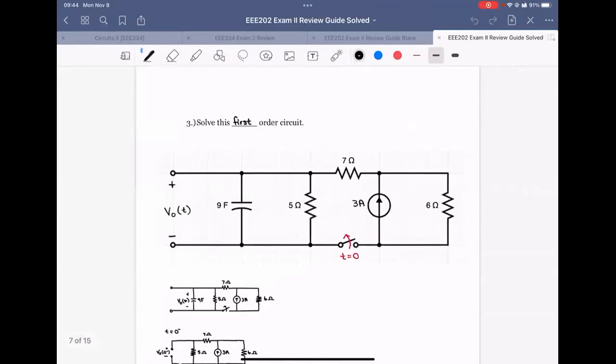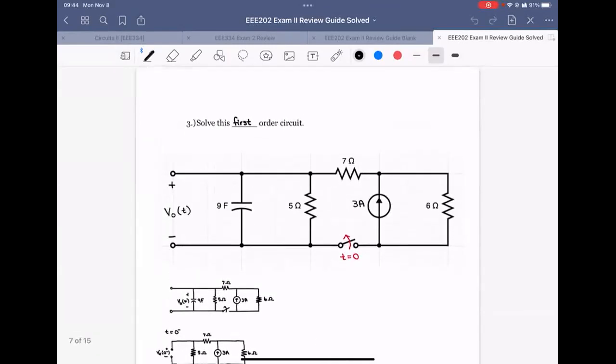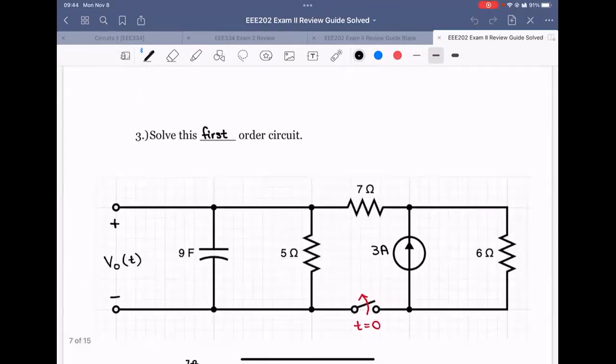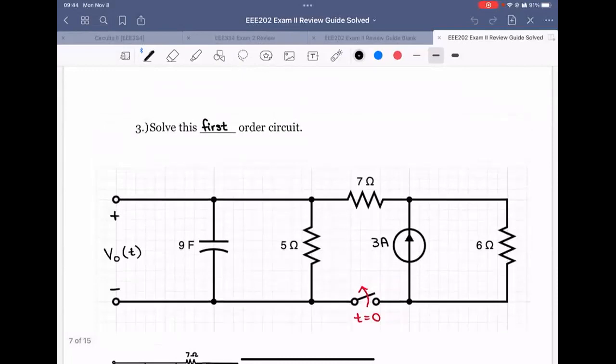So, the next one is a first order transient. We look here. With this one, you don't really need to convert that capacitor, right? This isn't going to deal with that phasor time domain conversion.